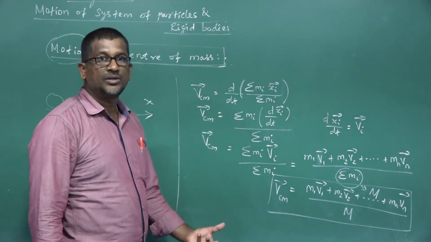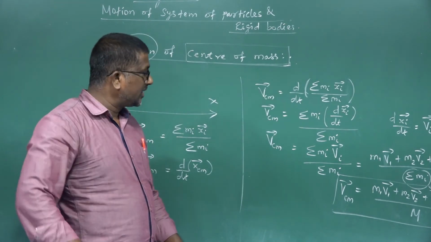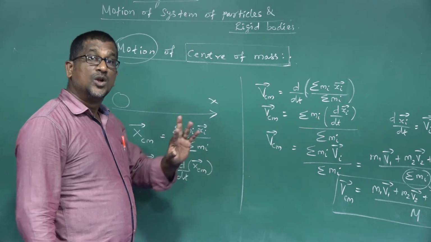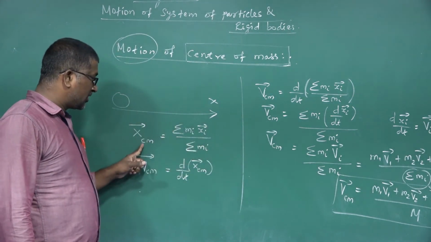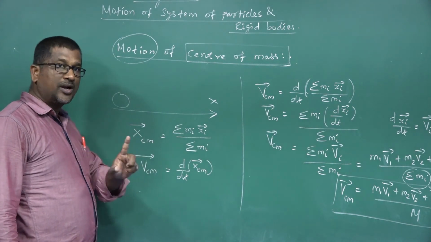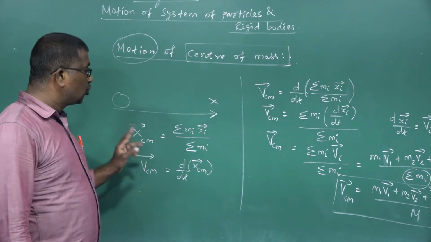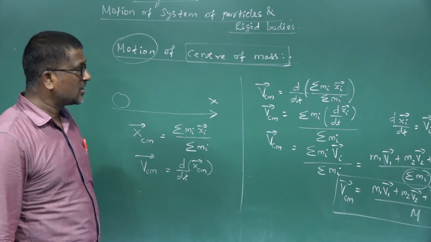Next, the acceleration of the center of mass. By differentiating the position vector with respect to time two times, we can get the acceleration. Differentiating one time gives the velocity of the center of mass, and differentiating two times gives the acceleration of the center of mass.